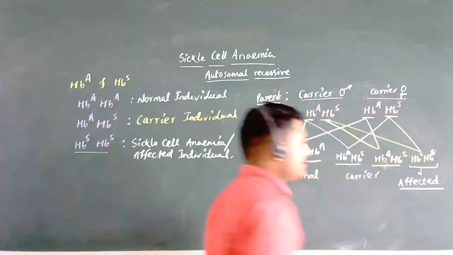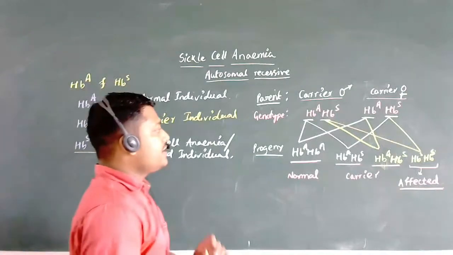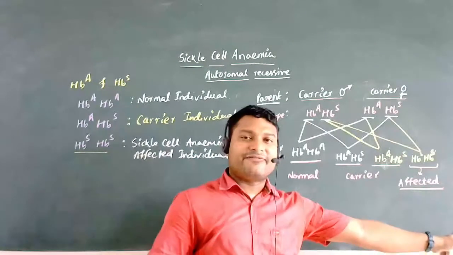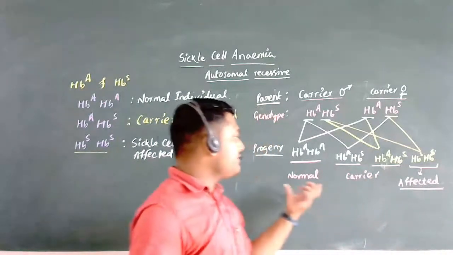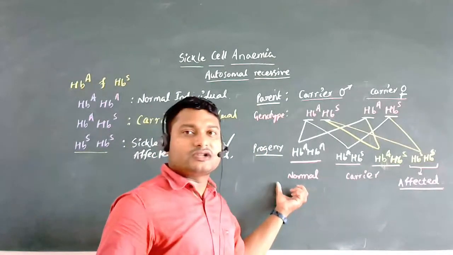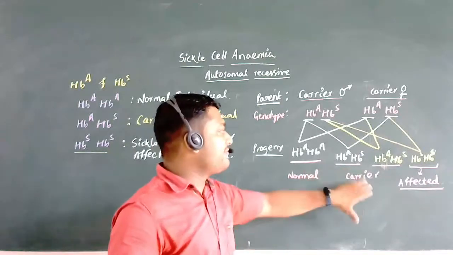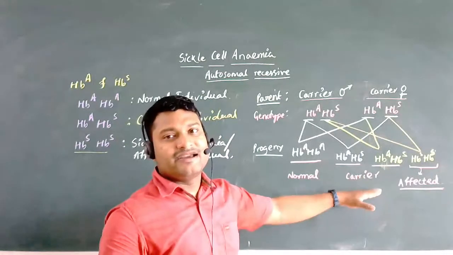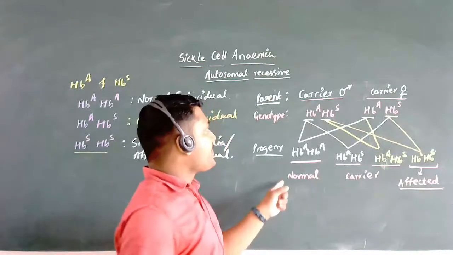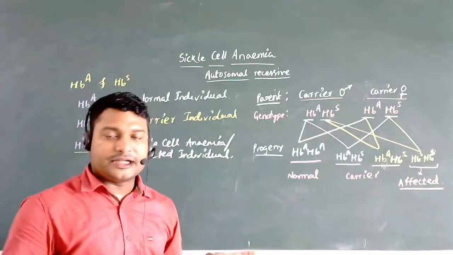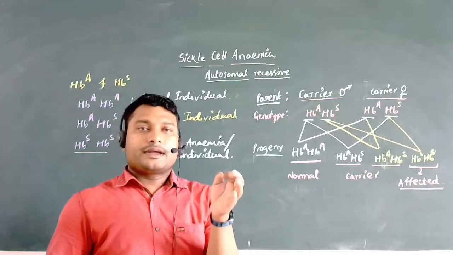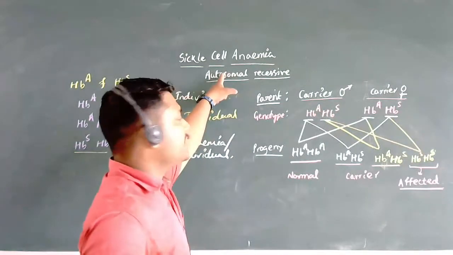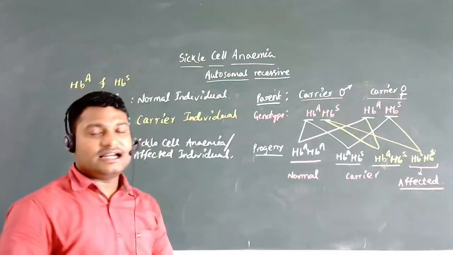As you can see here, the chance of an affected individual is only 25%. Similarly, for the normal individual it is also 25%. And for a carrier, it is going to be 50%. So this is a very simple representation and a very easy way to represent the autosomal recessive inheritance pattern for sickle cell anemia.